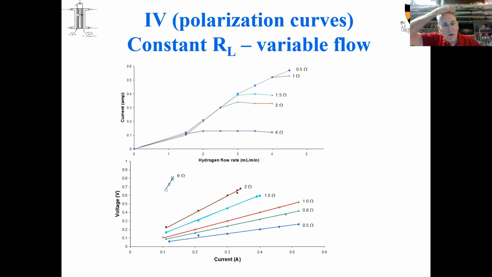The first thing we found was that as we increased the flow rate with this system, the current we got increased with the hydrogen flow rate. This is different than what you normally encounter with a fuel cell. Normally, as you increase the flow rate, the current falls off. Here, it increases until it hits a level, and that level corresponds to full utilization of the reactant.